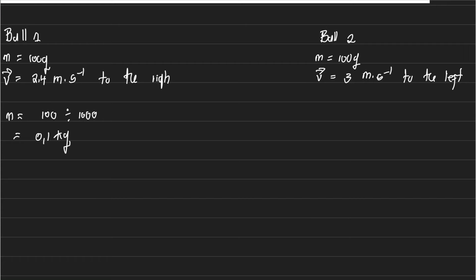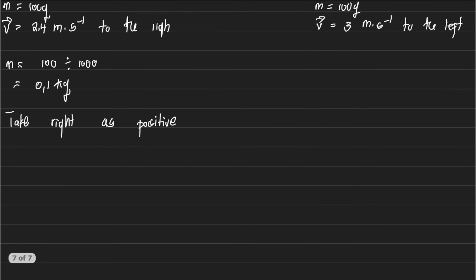But if it's positive, it will mean that after they hit each other, they moved to the right. So therefore I'm going to take right as positive. And then we proceed with the calculations.